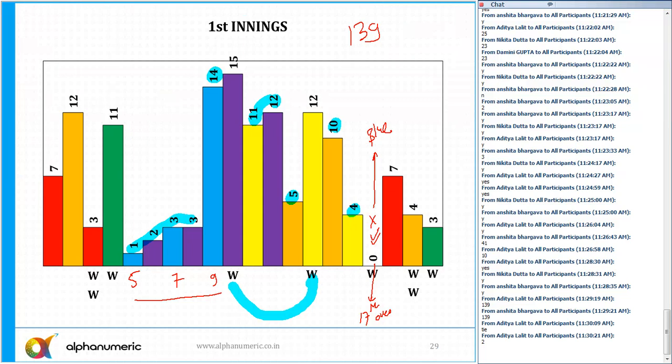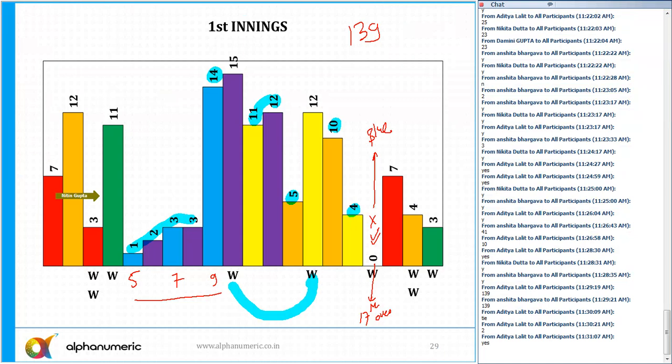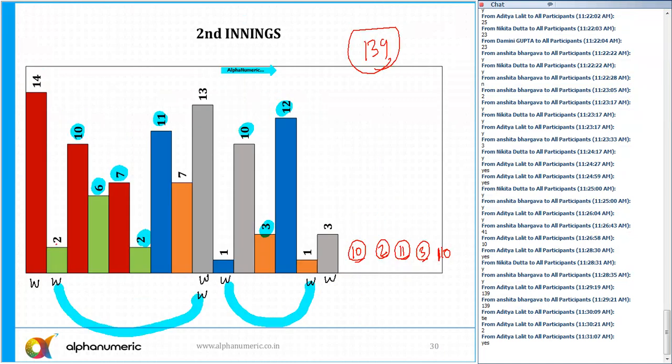First inning score is 139. Are you sure, all of you? Okay. Second inning score is it 139?